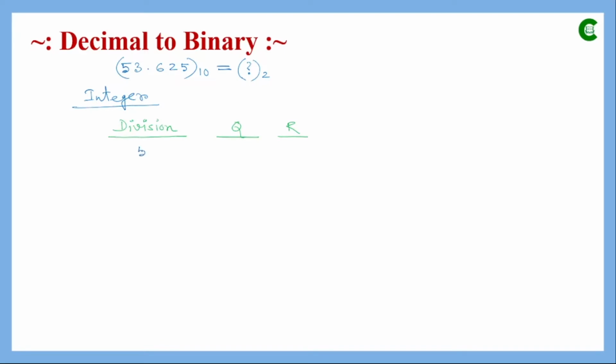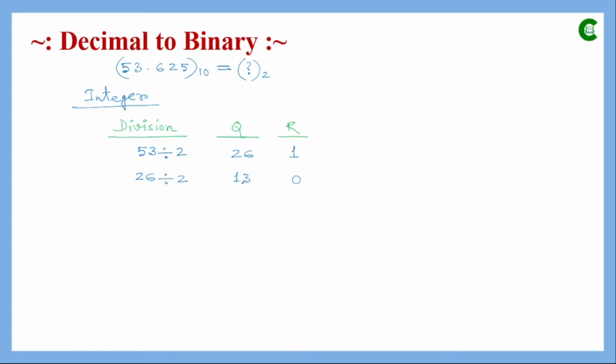So in our case the number is 53 and we will divide 53 by 2, since we are converting to binary number system. Now when we divide 53 by 2, the quotient will be 26 and the remainder will be 1. Next, in the next line we will divide the quotient by 2, the quotient will be 13 and the remainder will be 0.